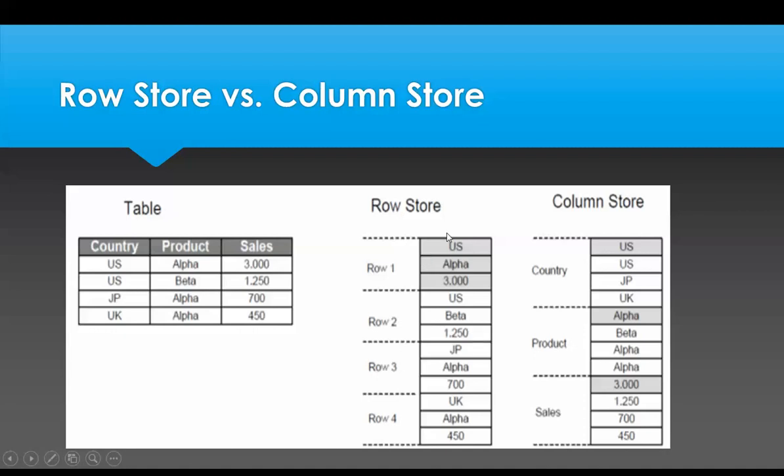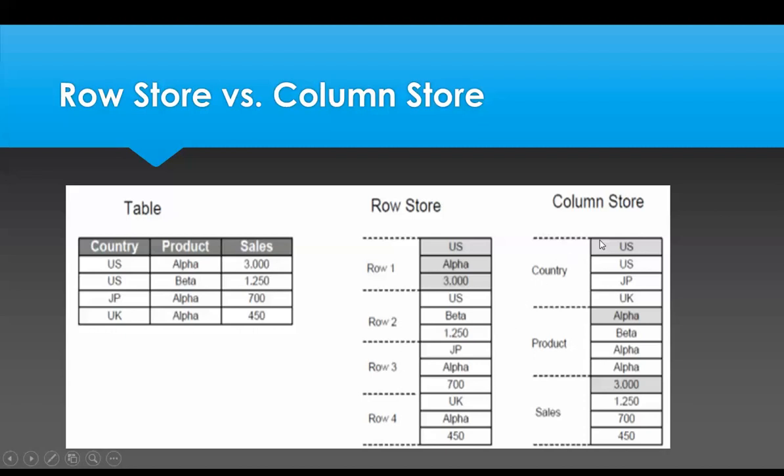You can see over here it is a sequence of the rows which are stored in the linear memory. So first the first record is stored, then the second record, then the third record. So it's the whole record which is stored in the contiguous memory locations.